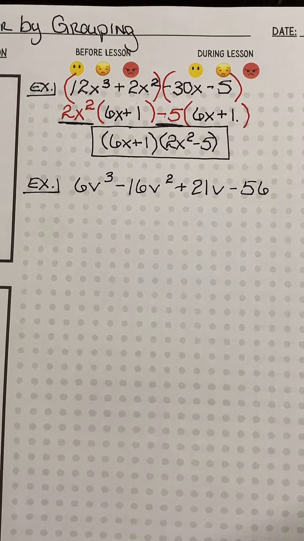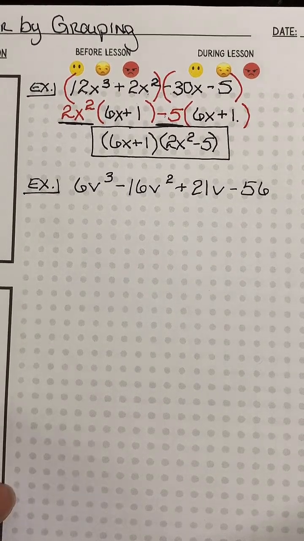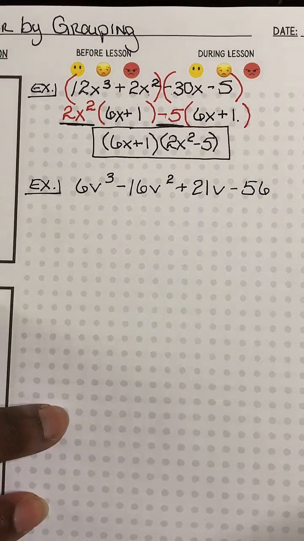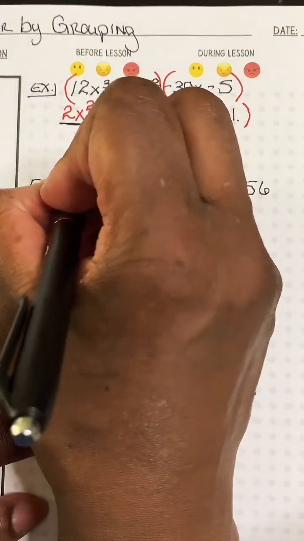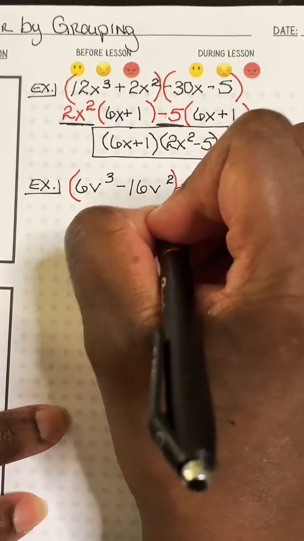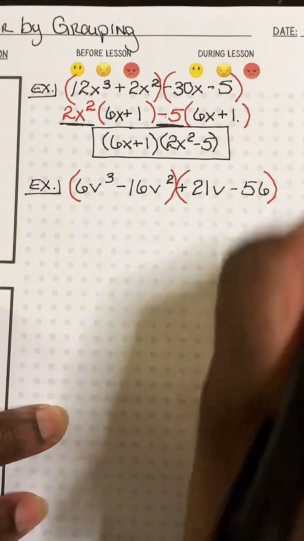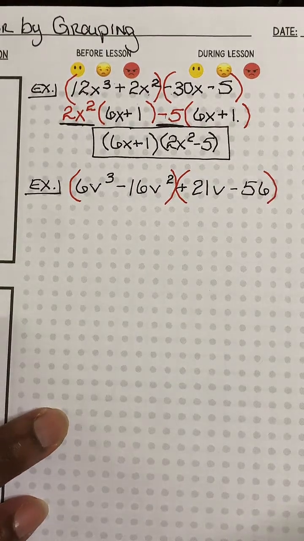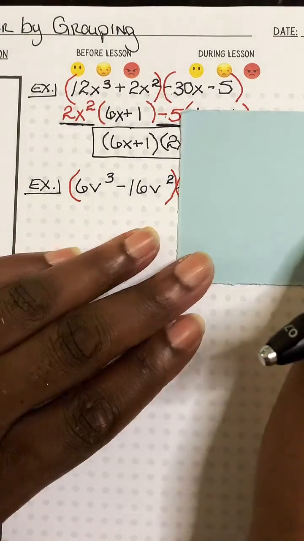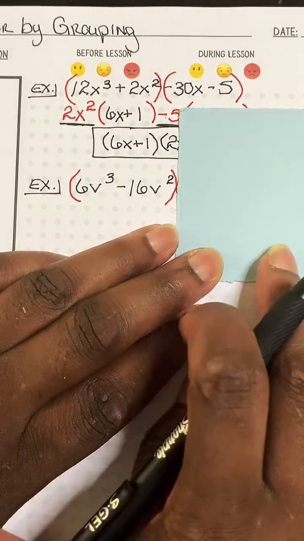Yep, make it into groups. So, first things first on the red list. We're going to group the first 2 terms. Then we're going to group the last 2 terms. Now, let's look at one parenthesis at a time.